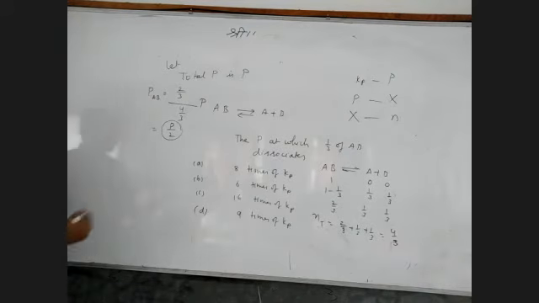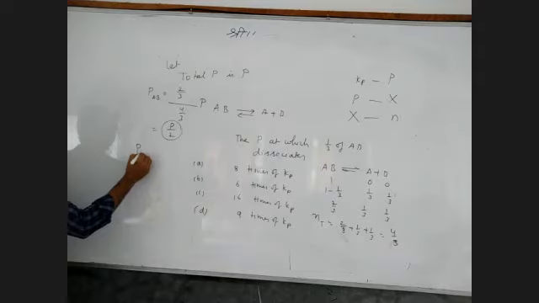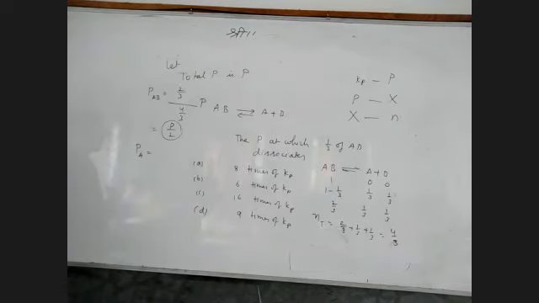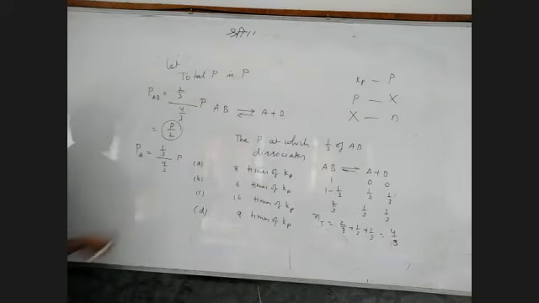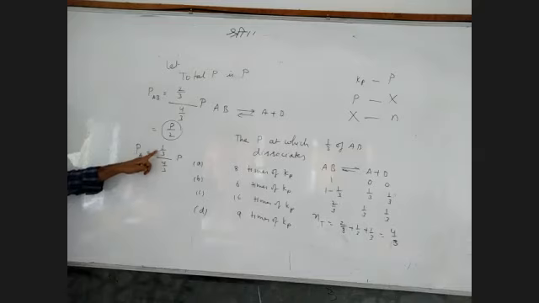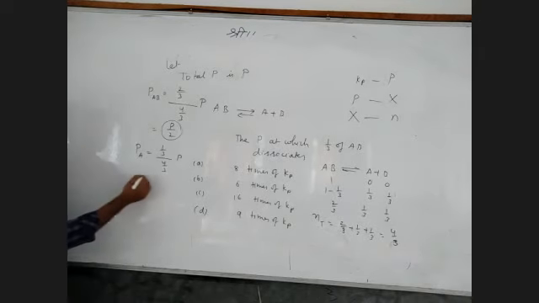Now, partial pressure of A, how much? 1 by 3 upon 4 by 3 into P. Number of moles of A by total number of moles into total pressure. Total pressure I have taken P. If doubt, ask children. So this answer is 1 by 4, means P by 4.